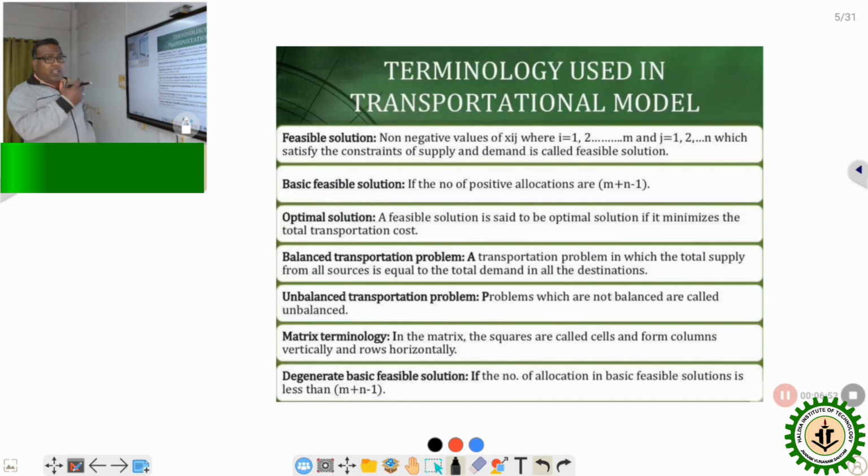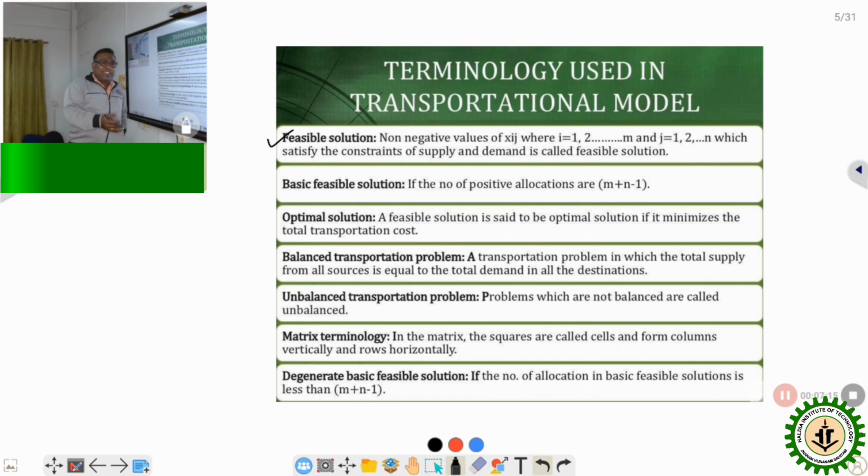Some terms are used here in the transportation problem. One is called a feasible solution. Feasible solution means basically a non-negative solution. Obviously, you can't say that we transport -2 units from this place to this place.